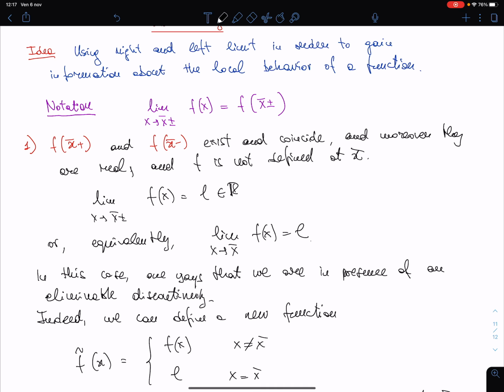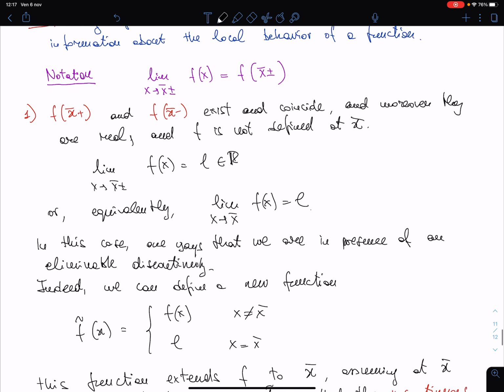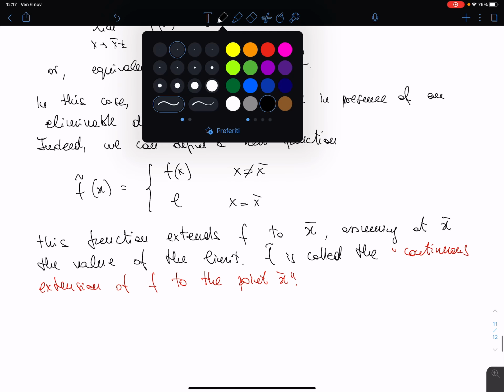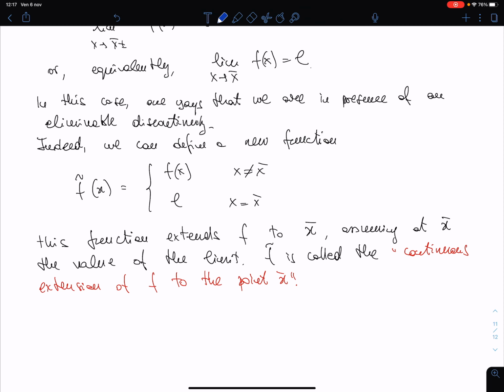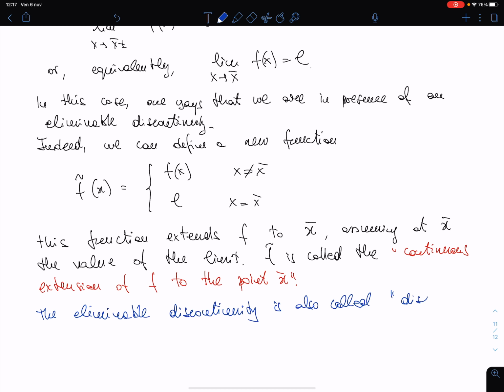It will be clearer now by this example, and also that this eliminable discontinuity is also called discontinuity of the first kind.